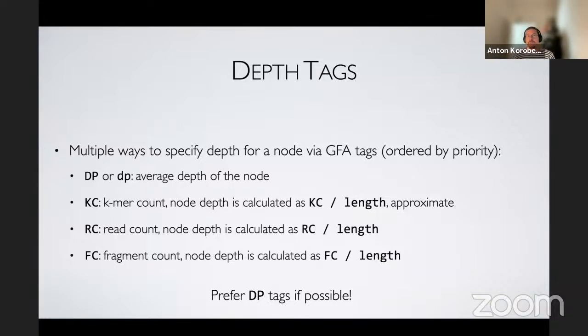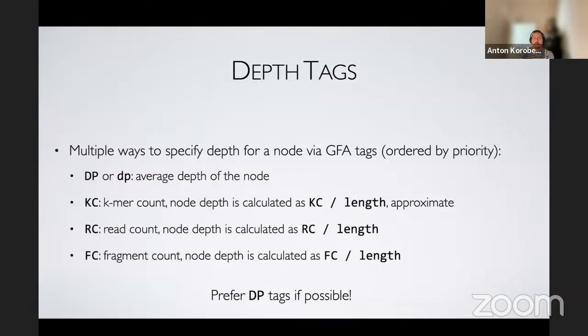One of the important things of the assembly graph is the depth. There are multiple ways to specify depth for the node by GFA tags, so Bandage tries to use all of them. The first, the most precise one, is the DP tag, upper or lowercase. I think lowercase is for float, and it's the average depth of the node. Another possible tag that could be used for the coverage depth of the node is the k-mer count.